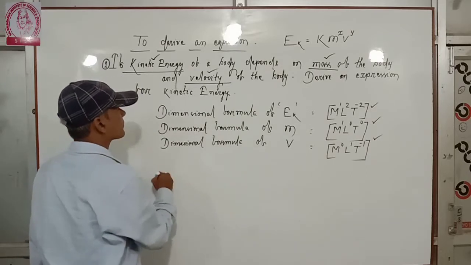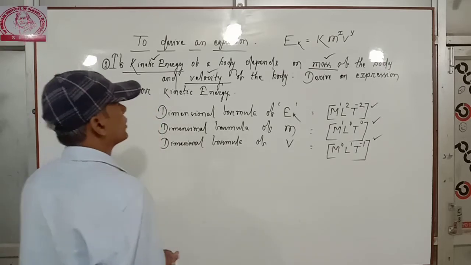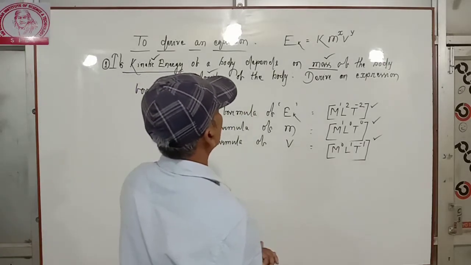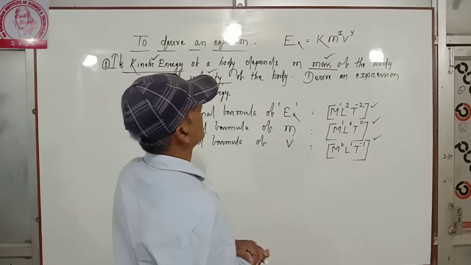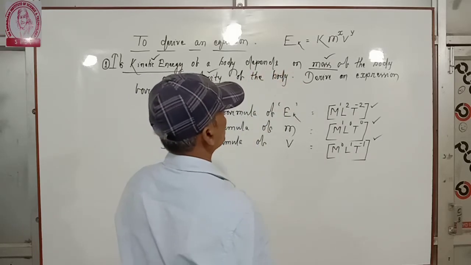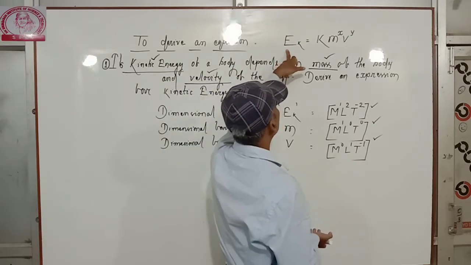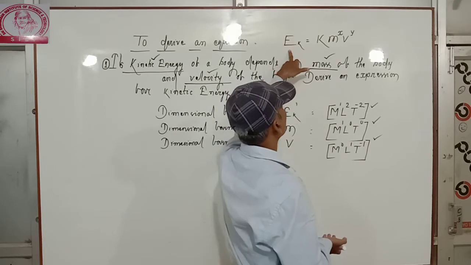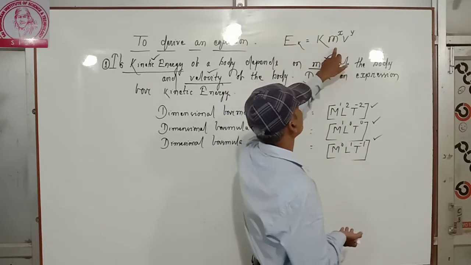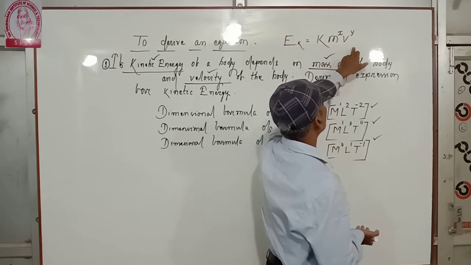Now what we have to do, we have to compare the dimensional formula of both LHS and RHS. What is written in LHS? Ek. What is written in RHS? K into m to the power x v to the power y.